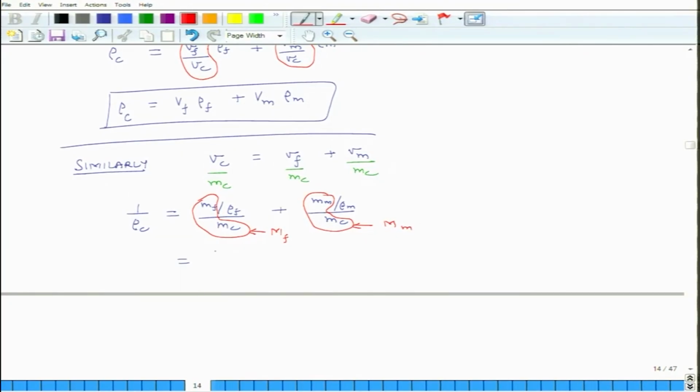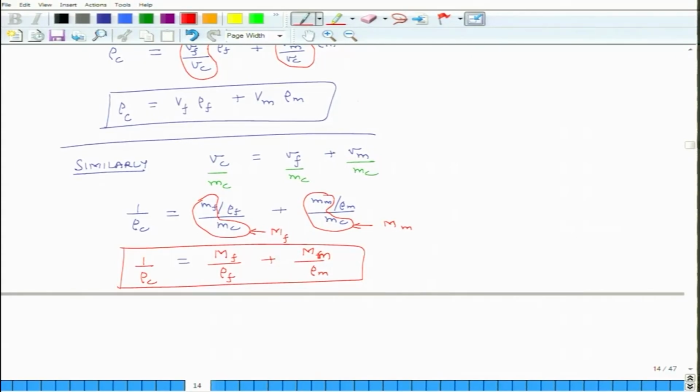So, what I get is mass fraction of fiber divided by rho f plus mass fraction of matrix divided by rho m equals 1 over rho c. So, this is the other relation I get.